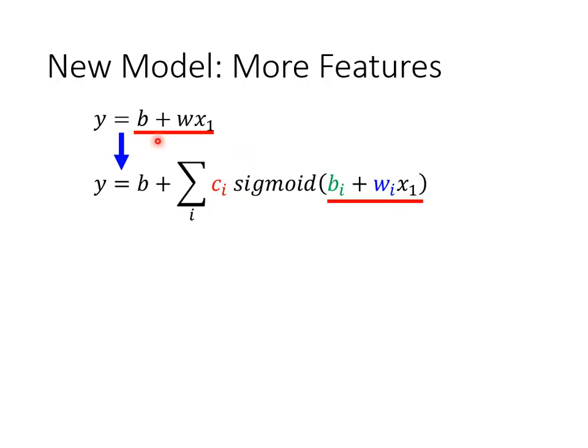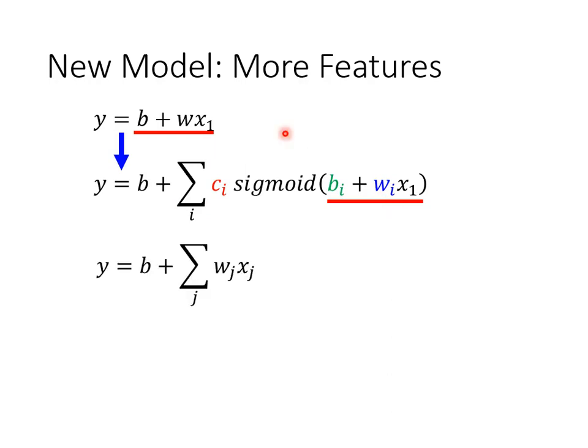Originally, we have w times x1 plus b. Here, it becomes wi times x1 plus bi. By choosing different bi, different wi, and different ci, we can then apply them to this formula and add them all up with b to get y. By choosing different c, b, and w, we can create all kinds of different functions.